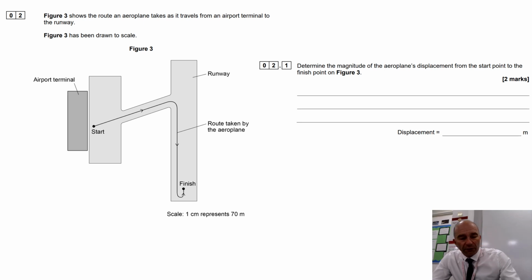Now, I'll just explain how to do it. All you need to do is put your ruler, and remember displacement is in a straight line. You need to measure that distance from start to finish. Now, on the actual exam paper, that is a line 7.1 centimetres long. Now, you've also got a scale here.